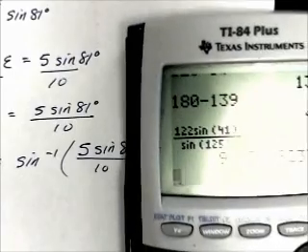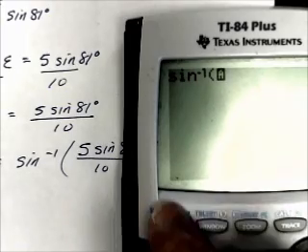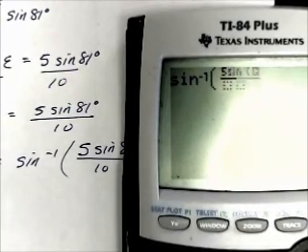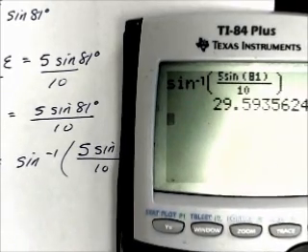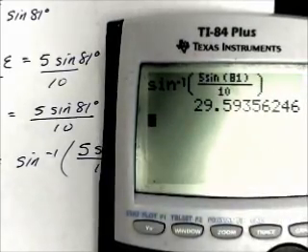So let's go to the calculator. Second sine, 5 sine 81 divided by 10. To the nearest minute. Okay, this is decimal degrees.